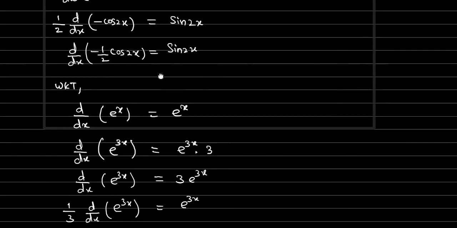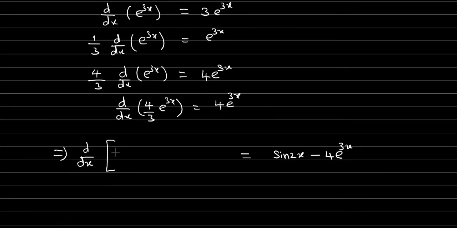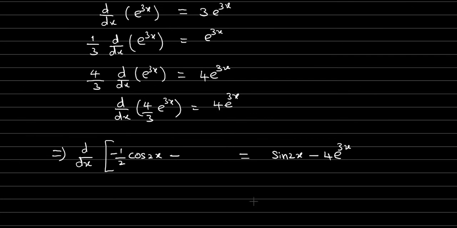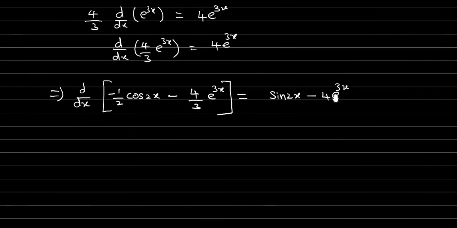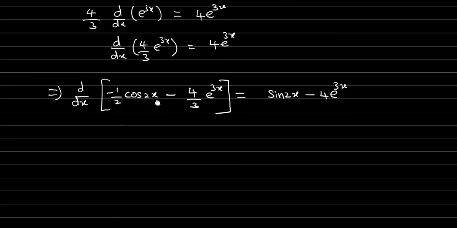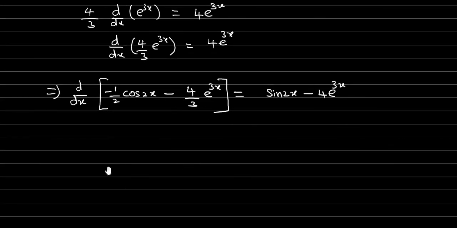Minus 1 by 2 cos 2x. After that minus sign. So minus 4 e power 3x antiderivative is what? 4 by 3 e power 3x. Okay. So the antiderivative of sine 2x minus 4 e power 3x is minus 1 by 2 cos 2x minus 4 by 3 e power 3x.